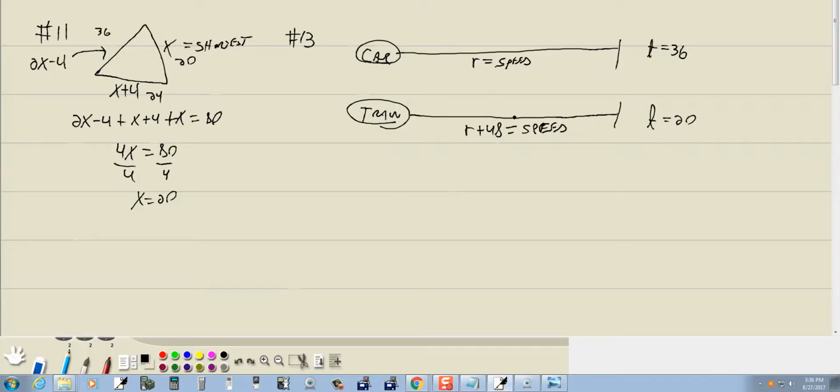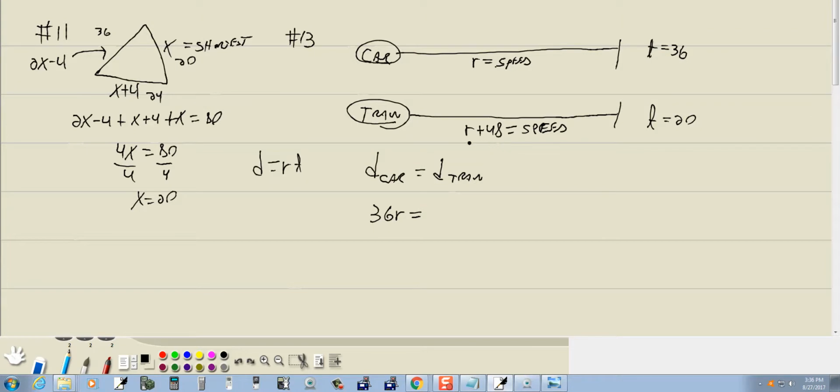Okay. Let me think now. The distance is the same. So the distance of the car is going to equal the distance of the train. Now distance is rate times time. So I'll leave this one as r, and time is 36, so 36r for the car. Now for the train, distance is equal to r times t again.